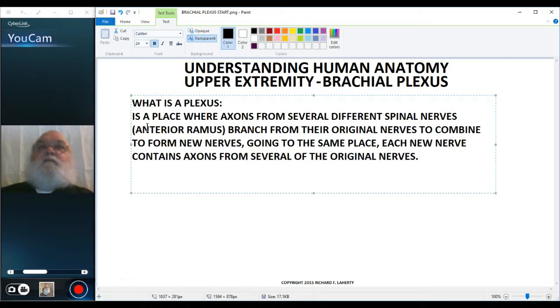So we're going to have starting nerves, a lot of branching, and then terminal nerves in a plexus.